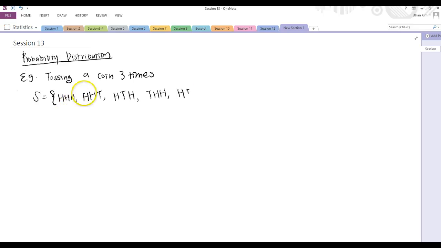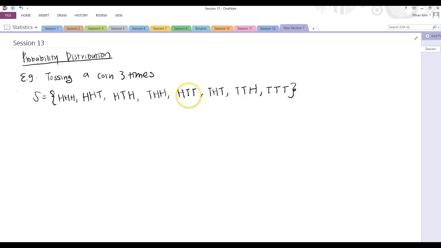So there should be 8 in total: 1, 2, 3, 4, 5, 6, 7, and 8. Right? Alright, so these are the sample spaces.